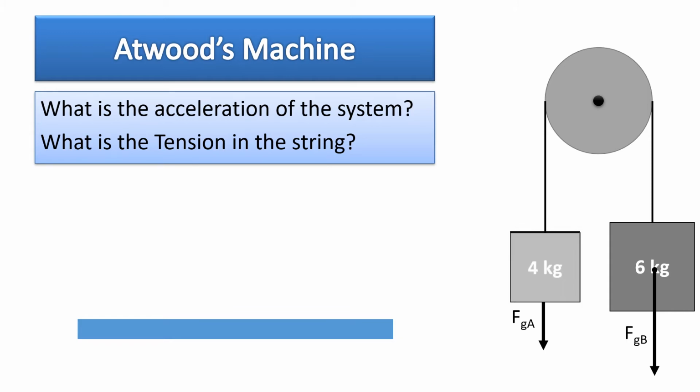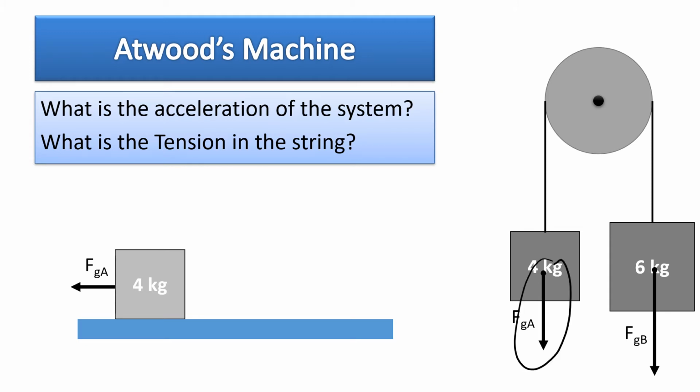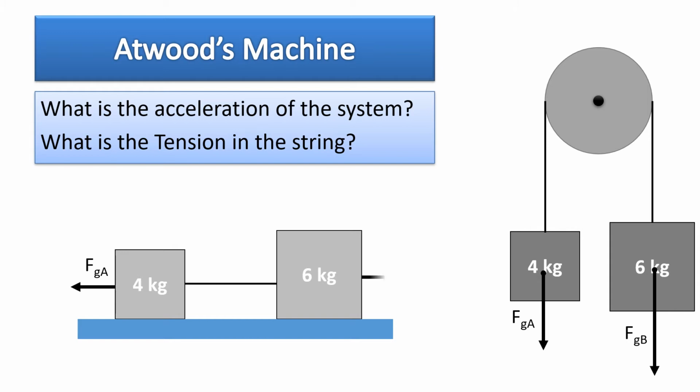So the strategy is to take your masses and in your mind put them on a horizontal surface. This weight is going this way now, and the 6 kilogram mass, what direction do you think the force should go there? It's opposing that force there. So you could draw it like this and then make your analysis a little simpler.